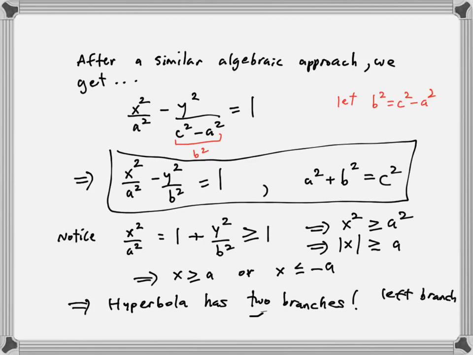The left branch is when x is smaller than negative a, and the right branch is when x is larger than a. Sorry, a little messy here.